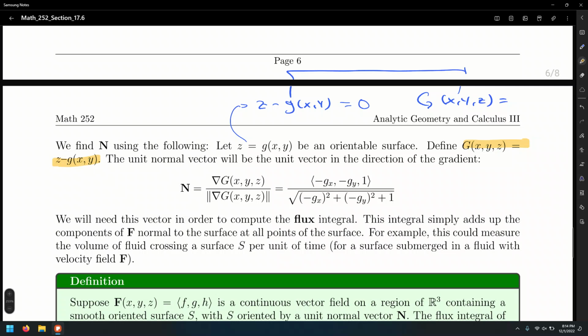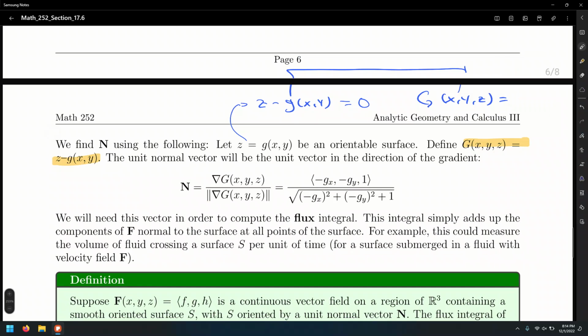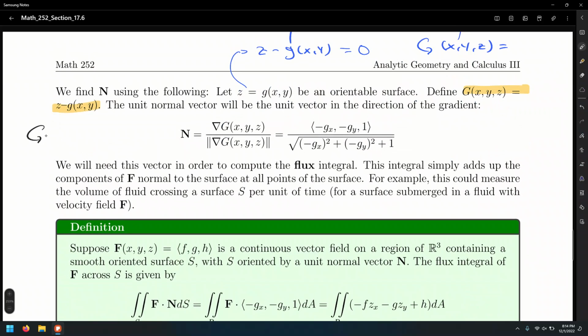And we're going to take the gradient of that function. Let me write the whole thing so it's read in one sentence. So, big G of x, y, z equals z minus g of x, y.